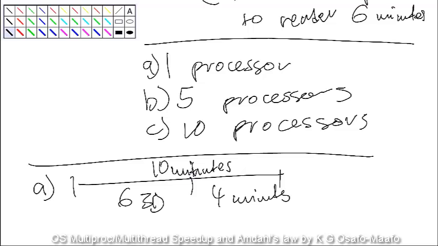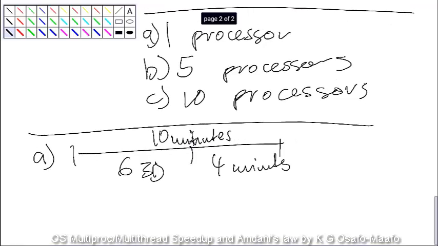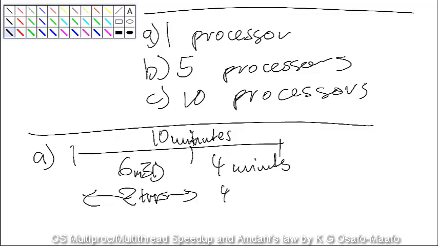If these 6 minutes take 2 hours, then one processor spends 2 hours doing this 6 minutes, and spends 4 minutes on the remaining part. So that means it will take 2 hours and 4 minutes to do this work. That's if you have one processor.